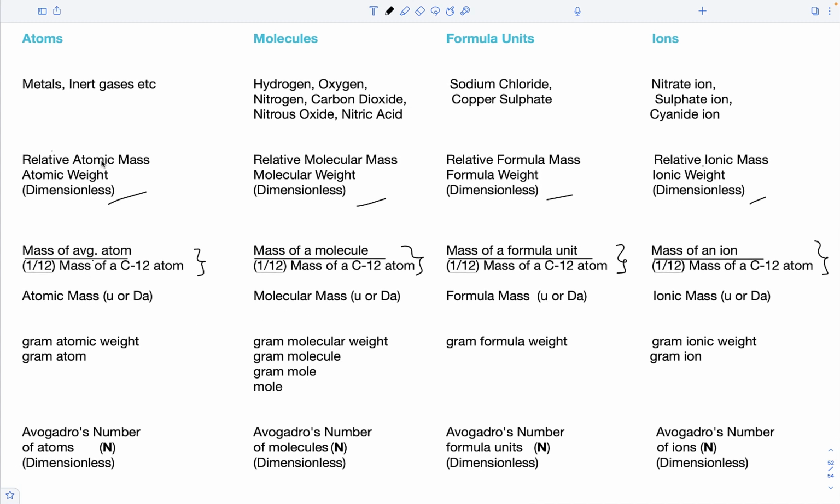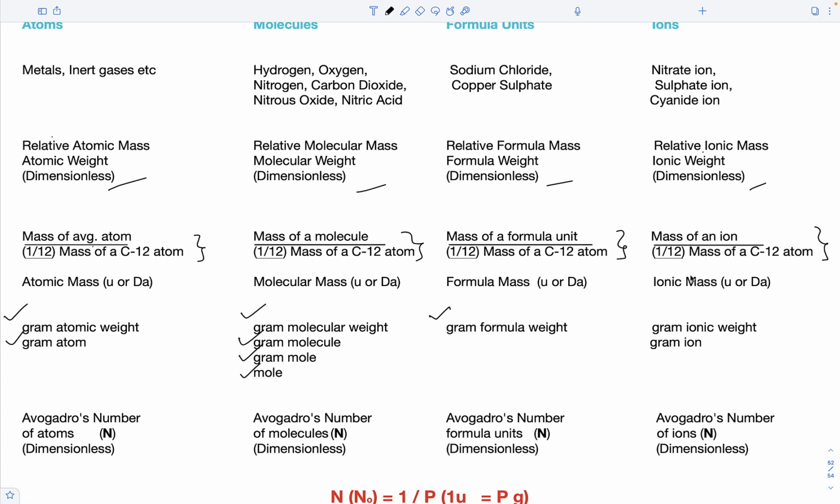And atomic weight or relative atomic mass in grams is gram atomic weight or gram atom. Similarly, molecular weight or relative molecular mass in grams is gram molecular weight or gram molecule or gram mole or simply mole. Relative formula mass or formula weight in grams is gram formula weight, and relative ionic mass or ionic weight expressed in grams is gram ionic weight or gram ion.